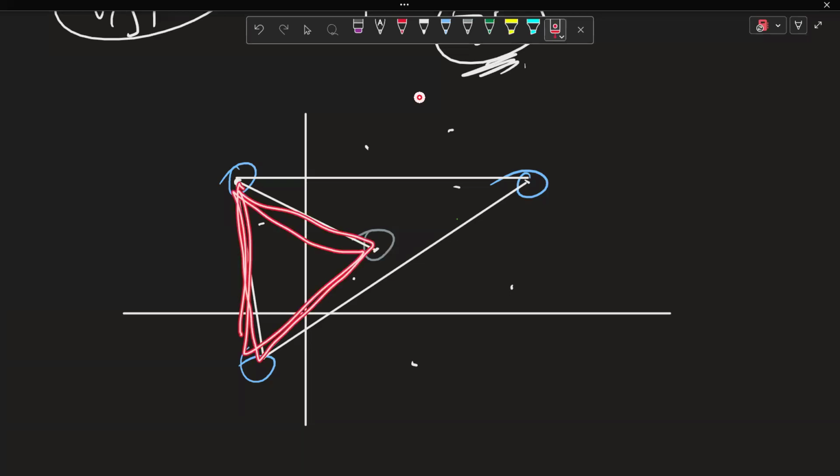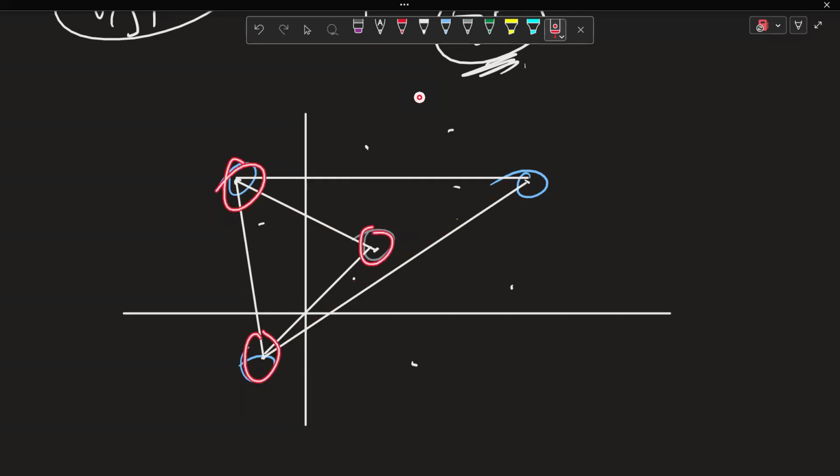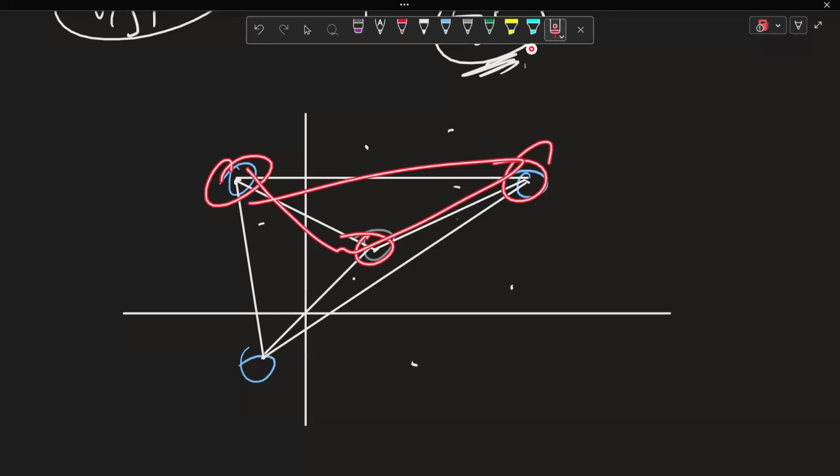If in the worst case all the points fall in this triangle, then for the next query you can select these 2 points along with this one and query this triangle, or you can select these 2 points along with this one and query this triangle, or these 2 points along with this one and query this triangle.